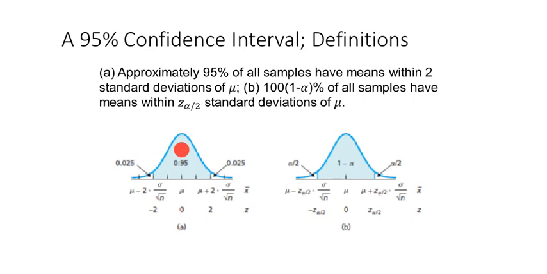Now, of course, if we're 95% confident that our mean is actually within that interval, then we are 0.025, that is 2.5%, uncertain that it could be too high, or 2.5% uncertain that it could be too low, for a total of 5%. Of course, that makes sense because it all has to add up to 100%. And in fact, when we are dealing with a confidence level, alpha is the number that describes our probability of being too high or too low.